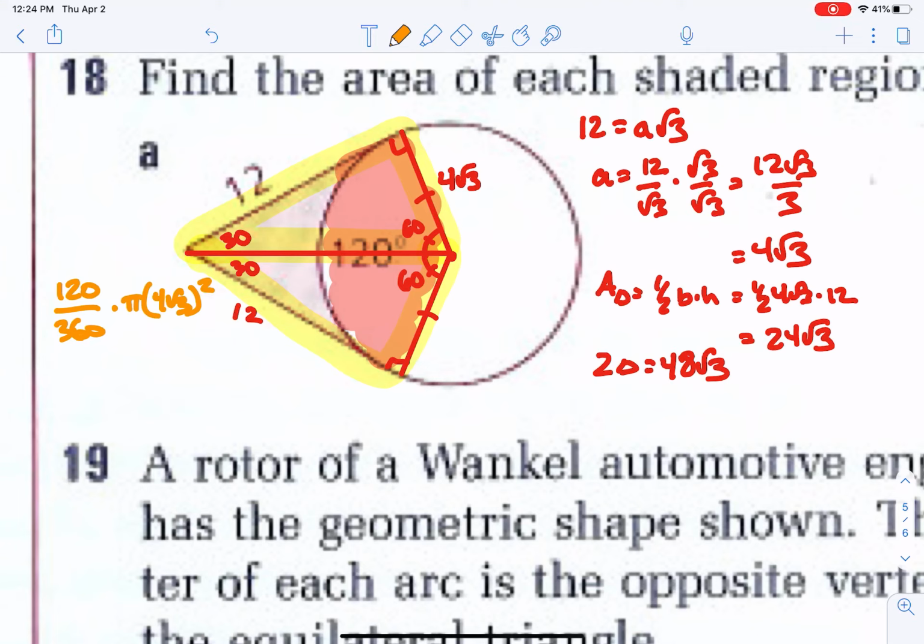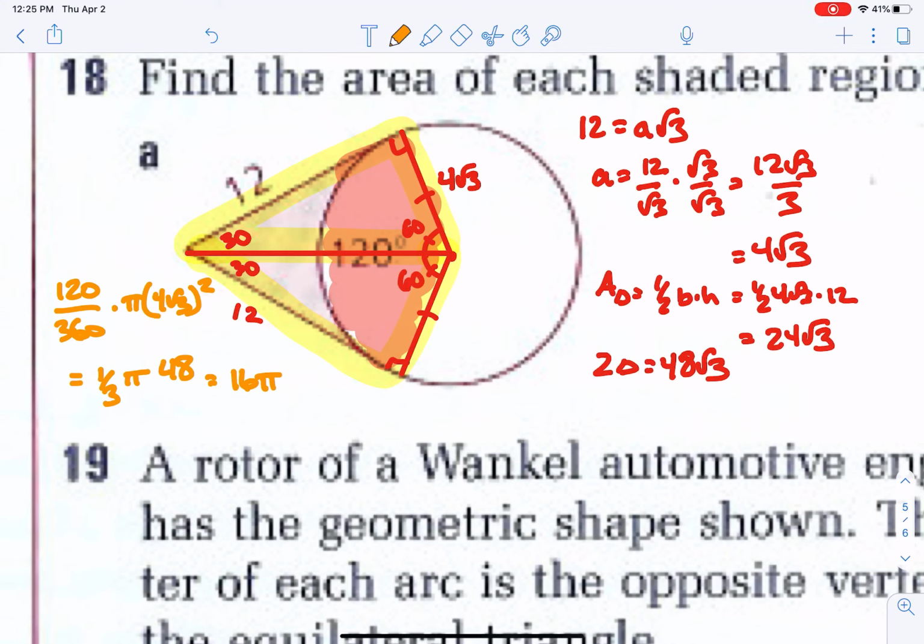So basically 1/3 of the area of the circle, which is 1/3 pi, and 4 root 3 squared is 3 times 16, which is 48. And that reduces to 16 pi. All right, so that's the area of that piece.